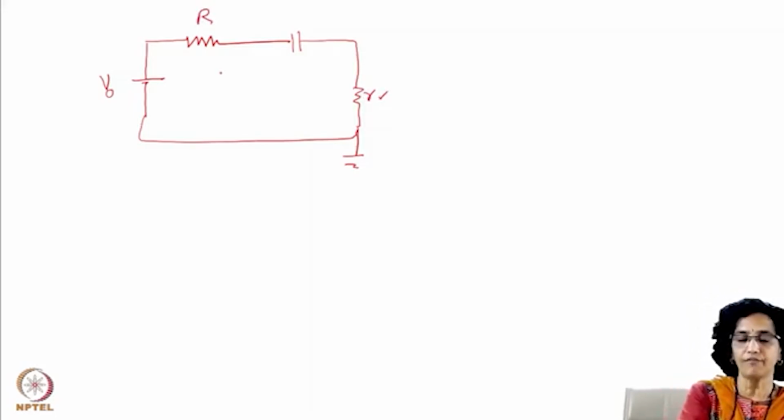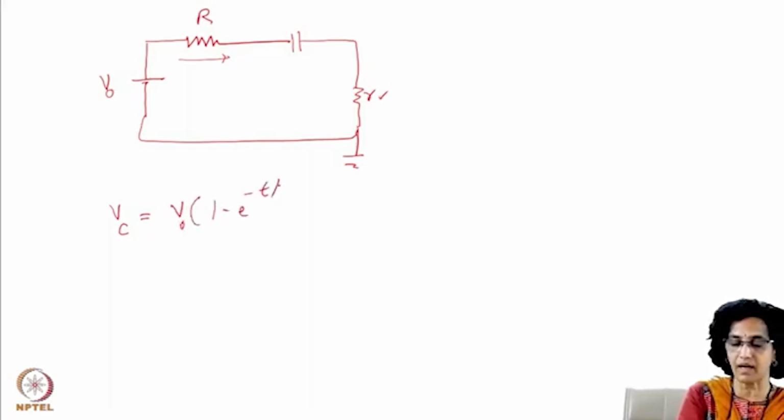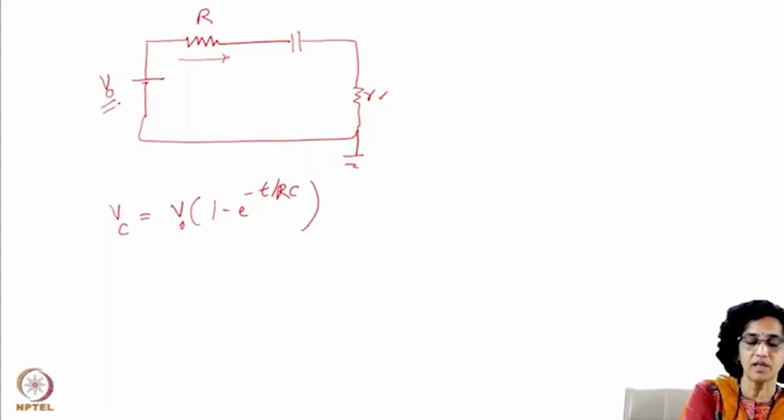Your condenser is getting charged through a resistance. We know how a condenser gets charged: the voltage across the capacitor will go as V0 times (1 minus e raised to minus t by RC), where V0 is the charging voltage.